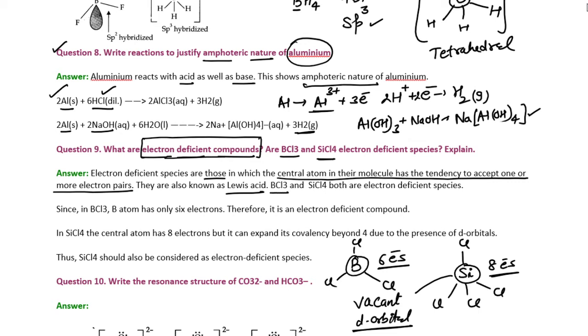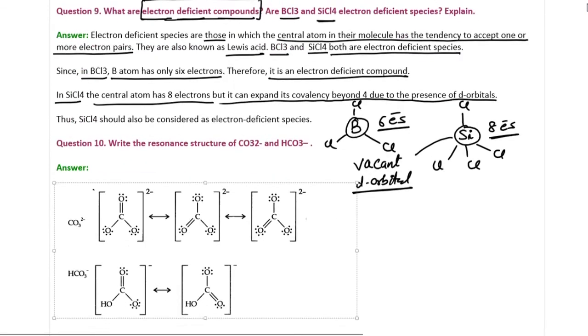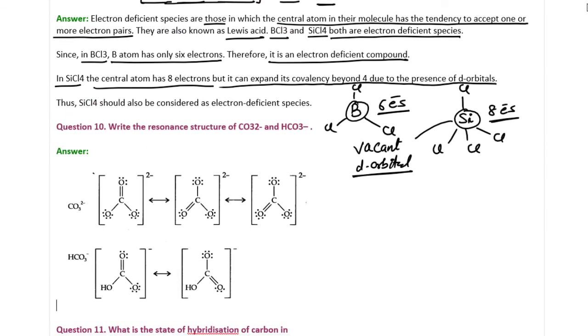So BCl3 as well as SiCl4 both are electron deficient species. Since in BCl3 boron has only 6 electrons, therefore it is electron deficient compound. But in SiCl4 central atom has 8 electrons, but that can expand its covalency beyond 4 due to the presence of d orbitals. That's why that is also considered as electron deficient species, right?